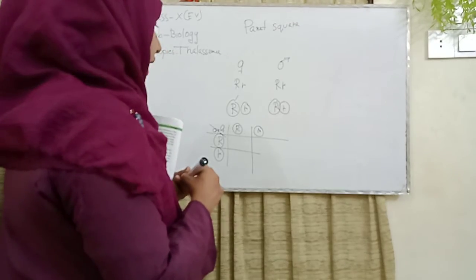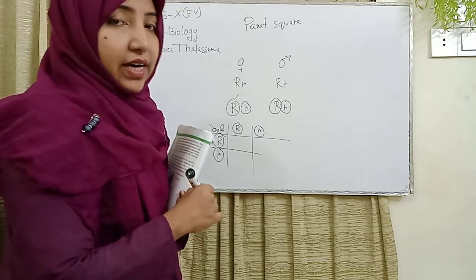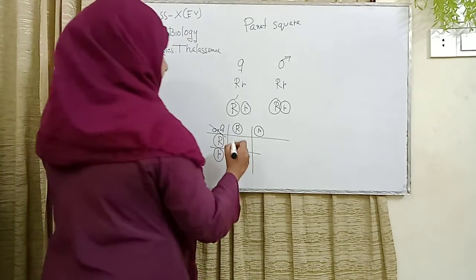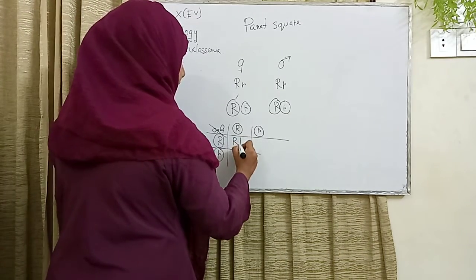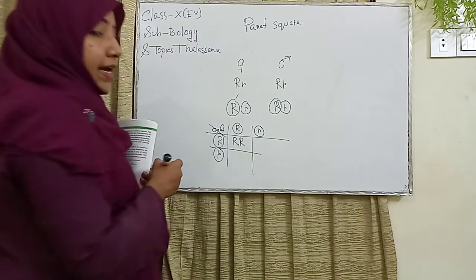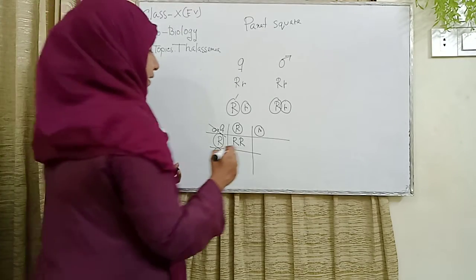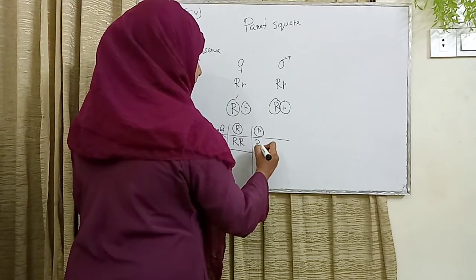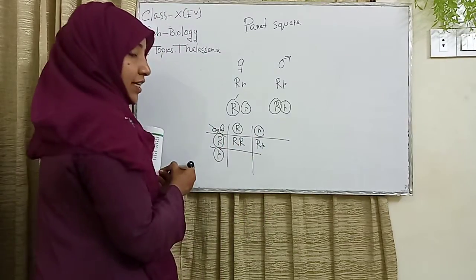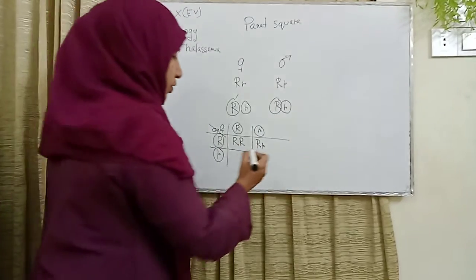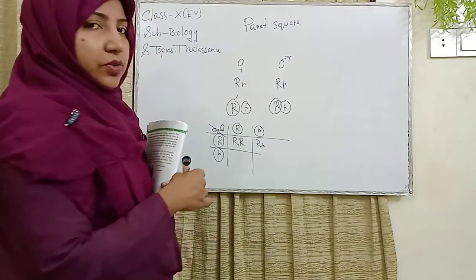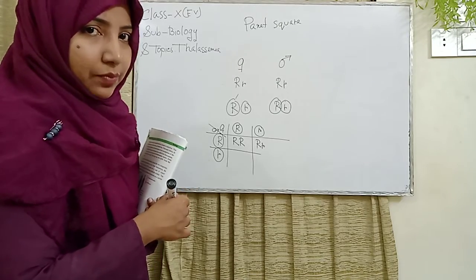Now I go to the fertilization. Here's the fertilization: capital R and capital R. They are the healthy father and the healthy generation. The other is capital R and small r. When it goes to the recessive r, then it is affected, or thalassemia.